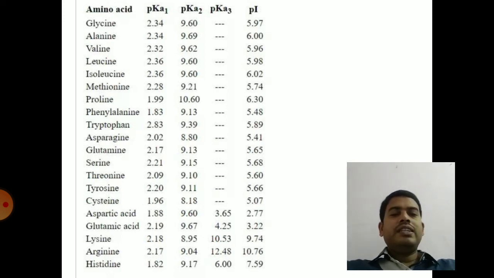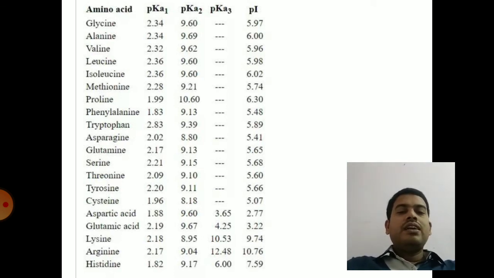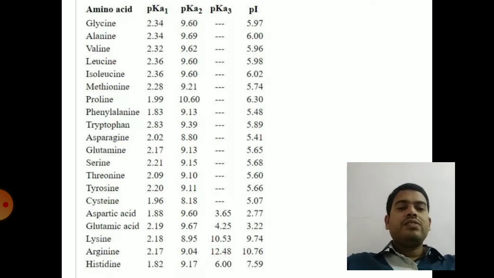The highest isoelectric points are in basic amino acids. Among those, arginine will be highest. Among acidic, aspartic will be the lowest. So if the pH of the solution is the same as the isoelectric point, the amino acid will be existing as a Zwitter ion. So that is isoelectric point. And the isoelectric points of the 20 standard amino acids are shown here.